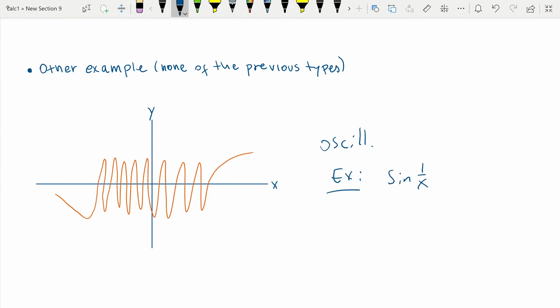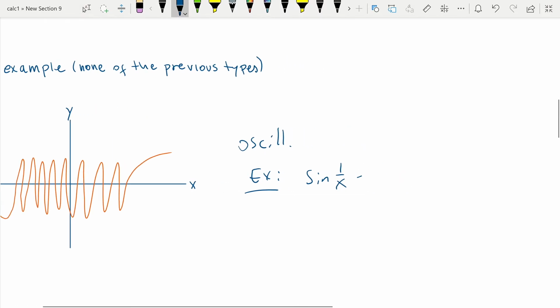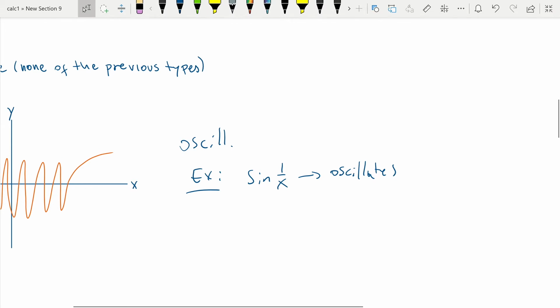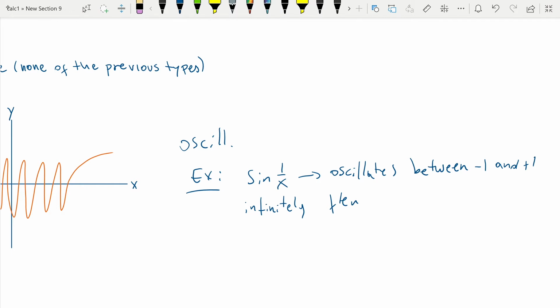The function sine of 1 over x oscillates between -1 and +1 infinitely often near 0.